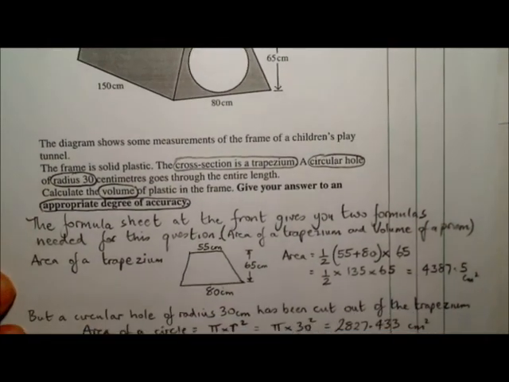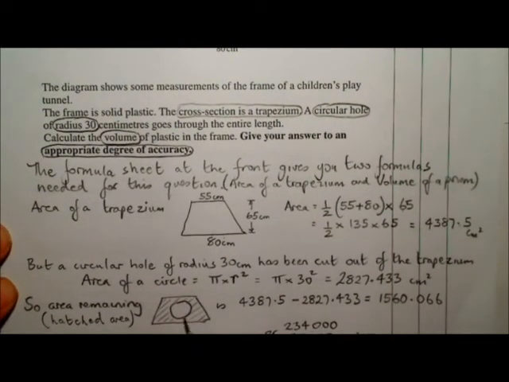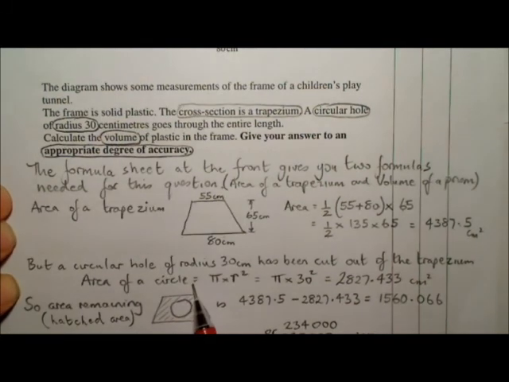We know the radius of that circle, so we're going to find out the area of this circular shape. So we've cut this circle out of the middle of this trapezium shape. The area of a circle, which is a formula you have to remember, is pi times radius squared, pi r squared. We know the radius is 30, so it's going to be pi multiplied by 30 squared.